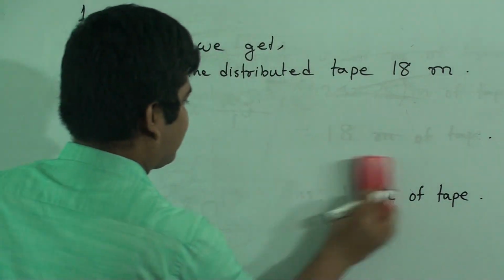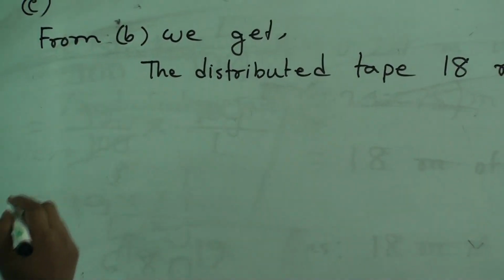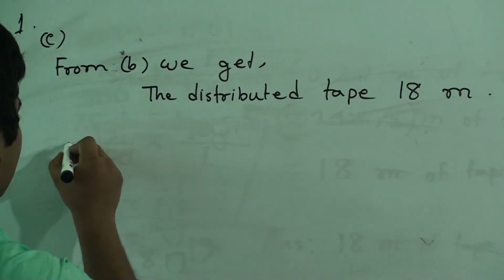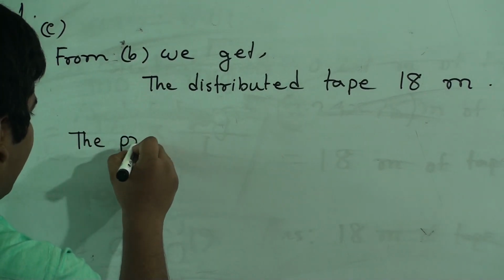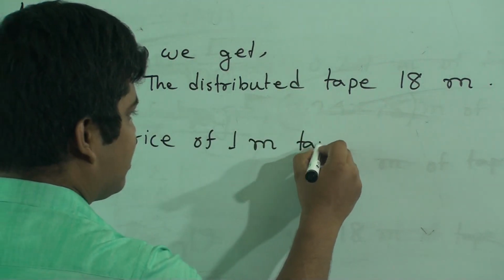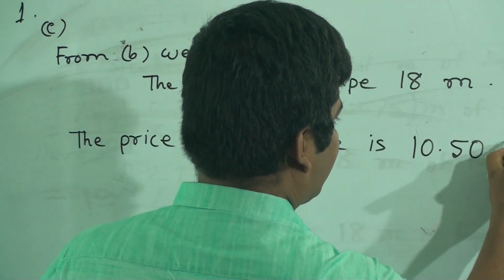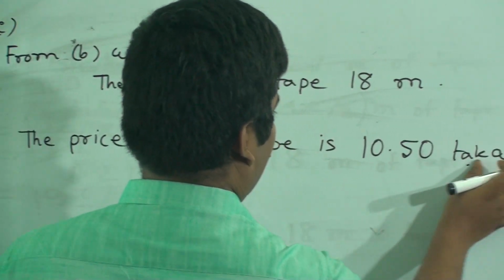Okay, now we write the price of 1 meter tape is 10.50 taka.